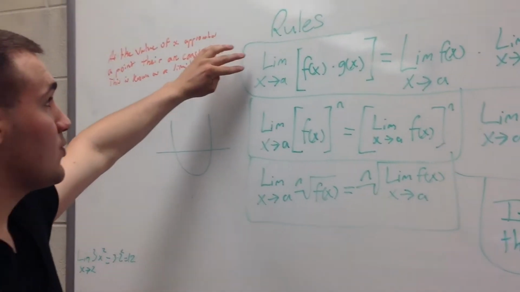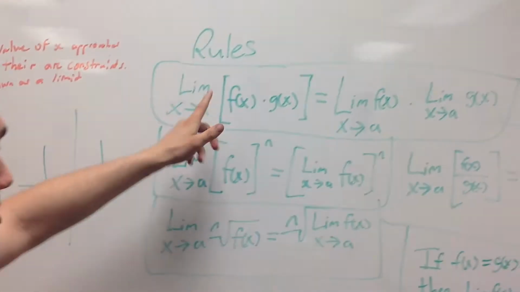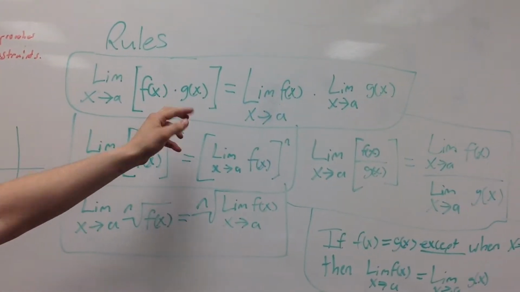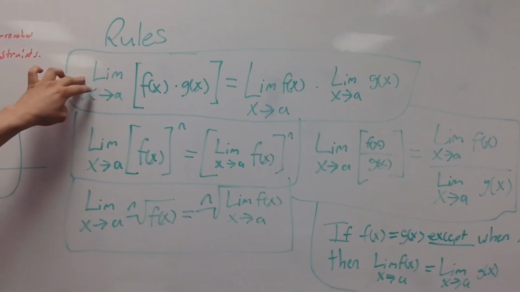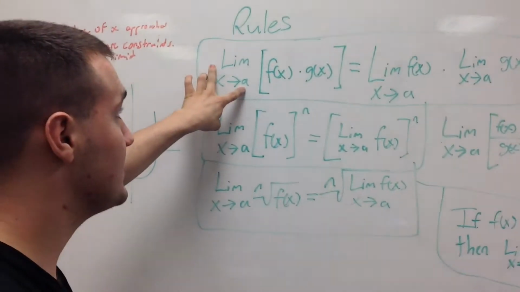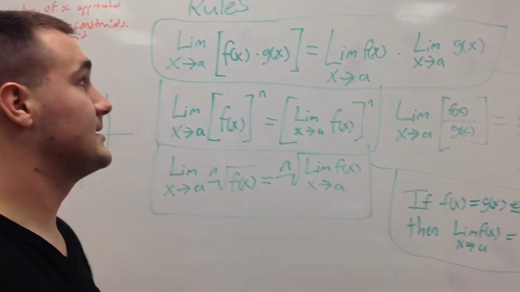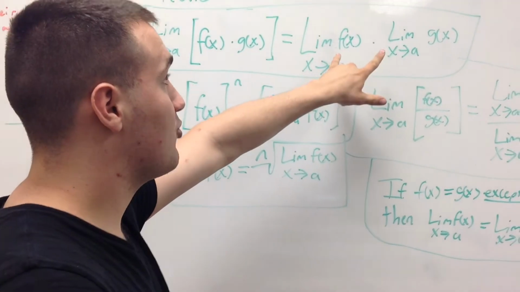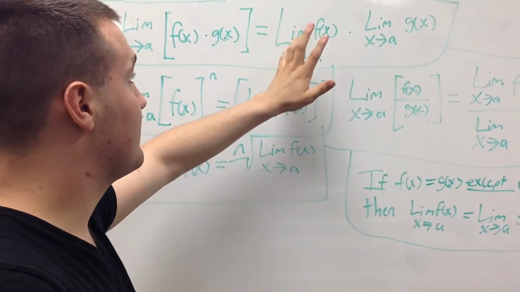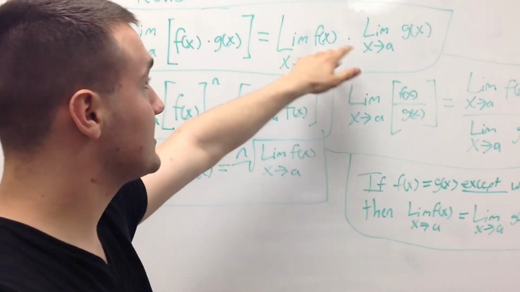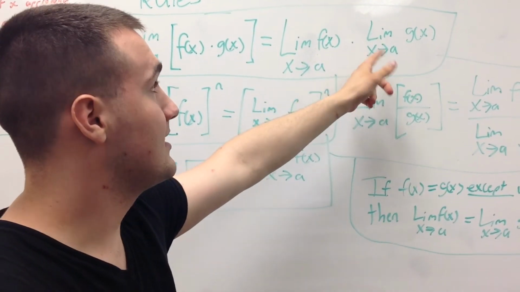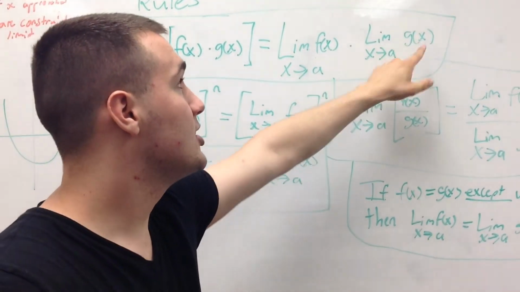Some pretty common ones: if you have two functions that are being multiplied together, and you have the limit as x approaches a given point, you can actually separate the two functions: the limit as x approaches a of f of x, times the limit as x approaches a of g of x.